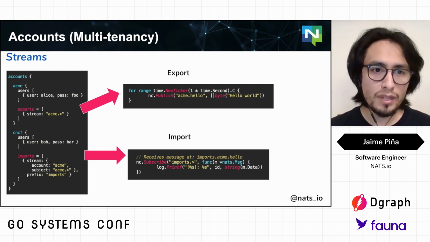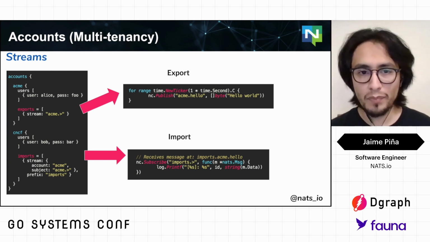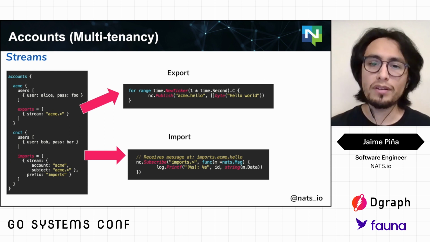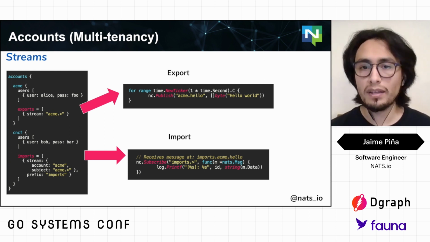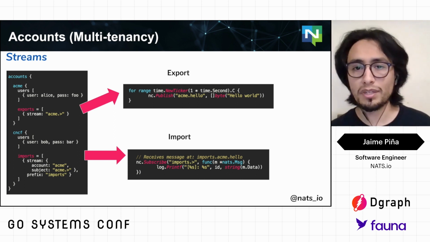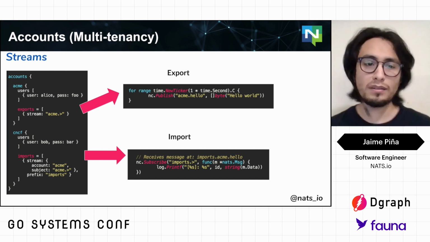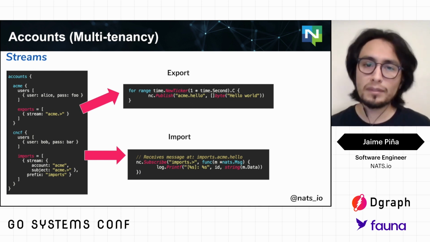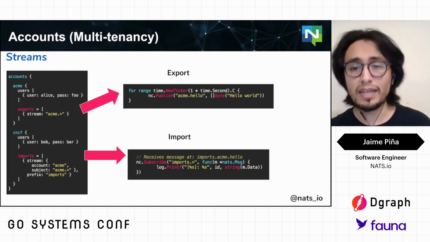And an interesting thing we're doing here is we're exporting, in this case, a stream, so that other people from other teams can consume that. So in the Acme account, we're exporting, on the right-hand side, you can see we're publishing on acme.hello, and that's being exported as defined by the configuration on the left. And the cool thing is that in the CNCF group, they can import that.